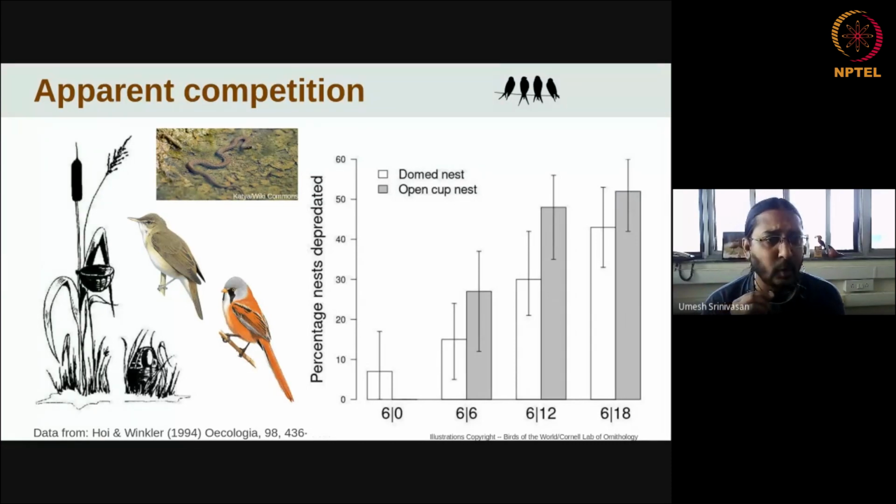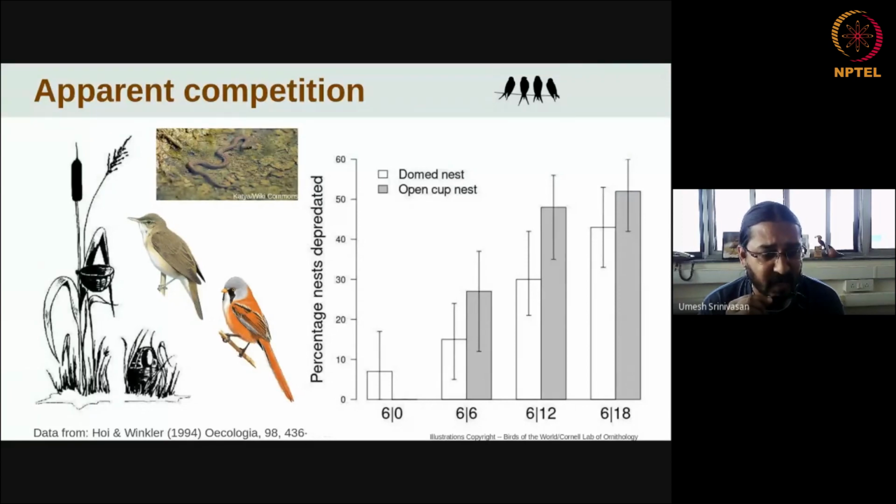So if you look at the dome cup nests, they are represented by the open bars, and the open cup nests are represented by the gray bars. The number of dome cup nests and open cup nests is shown at the bottom of each set of bars.